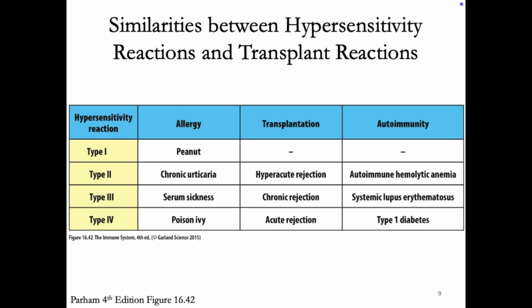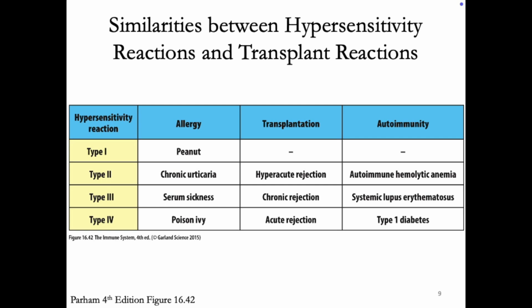And just like we've had those same types of responses that can mediate different types of immune-mediated disease, these 3 different mechanisms we saw in allergy and in autoimmunity, we actually see the same 3 responses happening in transplantation.